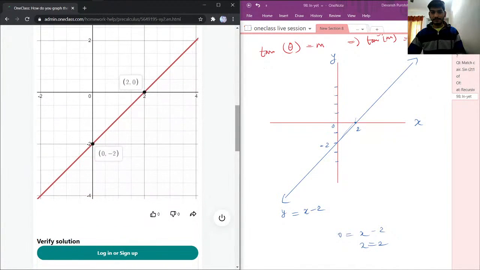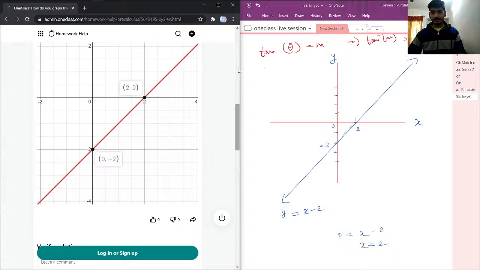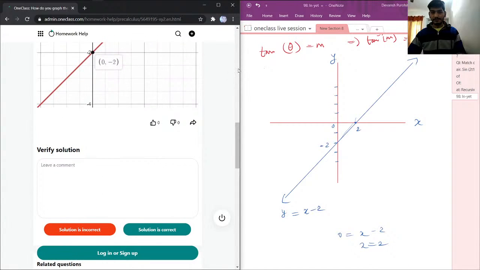And we have also obtained the same graph. So this was the equation of a straight line, and these kinds of equations are very easy. We just need to convert it into a general form and we can find the slope. And the slope was also very easy. It was just 45 degrees. And that is pretty much the solution.